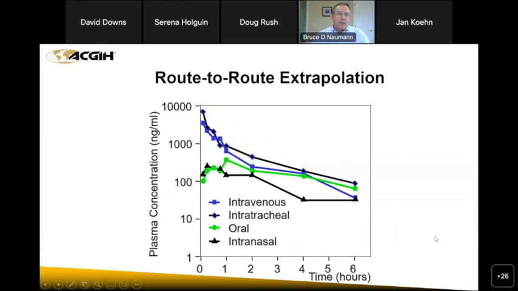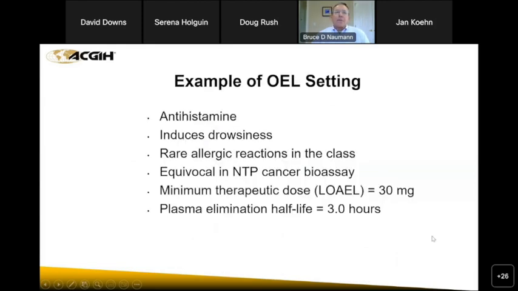And you can see the big differences nominally in how much each of those contributed to the plasma concentration. So to the extent that a particle, for example, is greater than 10 microns, it's going to deposit in the upper respiratory tract. The question is how much is absorbed there before it's swallowed, versus a very fine particle that may get further down into the lungs and have much more residence time and have a higher percentage perhaps. In the absence of data, we assume 100% absorption from the lungs. So there's some conservatism built into our process.